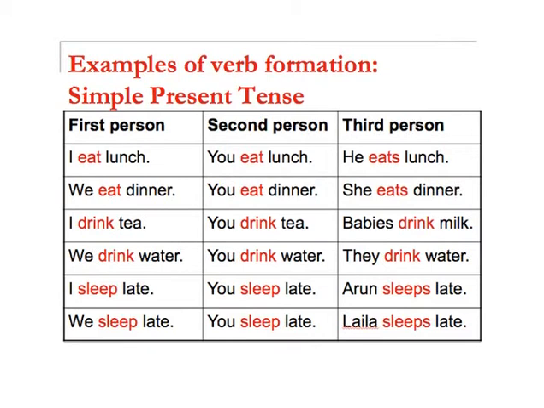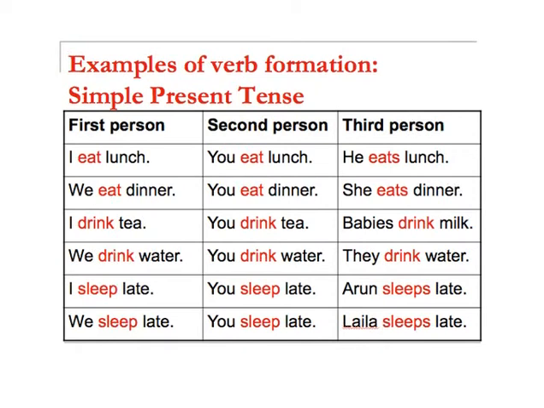Similarly, we eat dinner, you eat dinner, she eats. Same as the first example. Next, I drink tea, you drink tea, but babies a third person we are talking about. Babies drink milk. Next, we drink water, you drink water, they drink water.